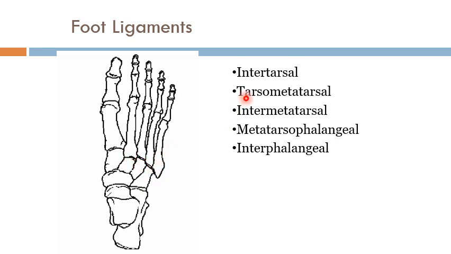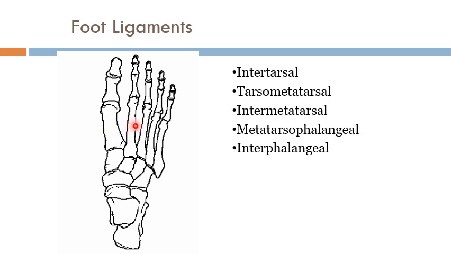Look at the name, tarsometatarsal. That's the articulation where the tarsal bones, these are all your tarsal bones here, articulate with the metatarsals. So that would be this joint right across here. As I'm dragging the laser pointer, this is the end of the tarsal bones. Here's the beginning of the metatarsal bones.